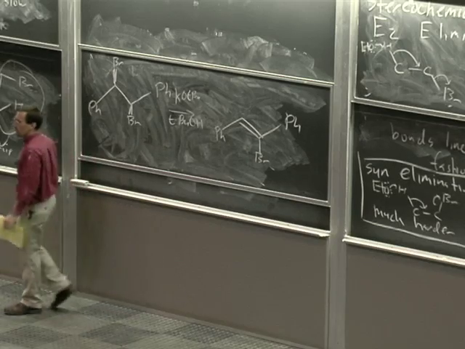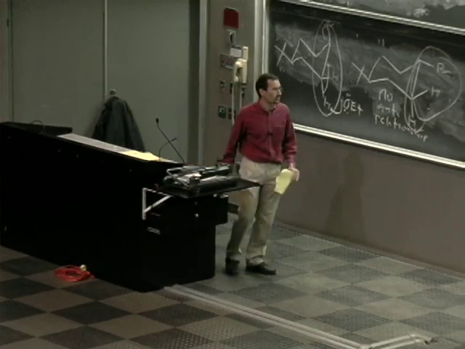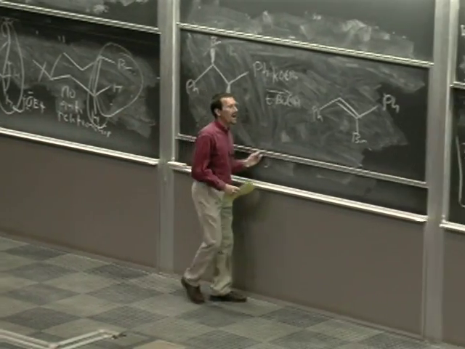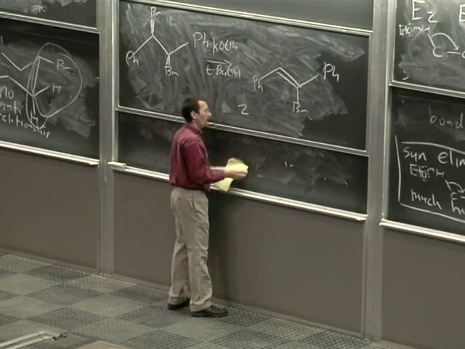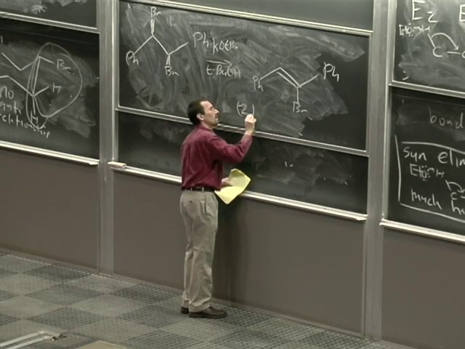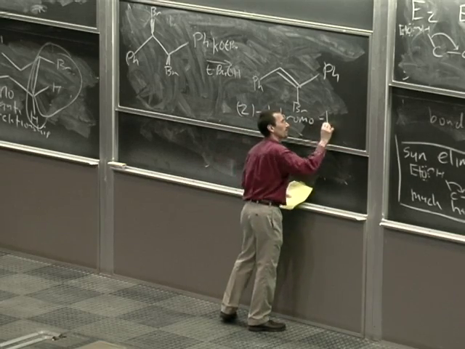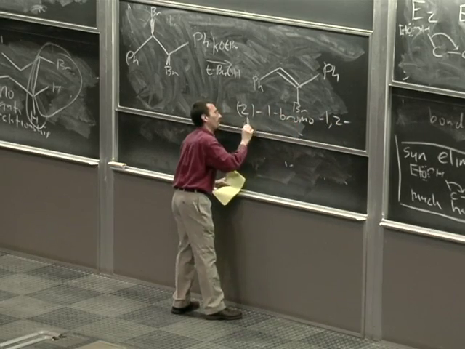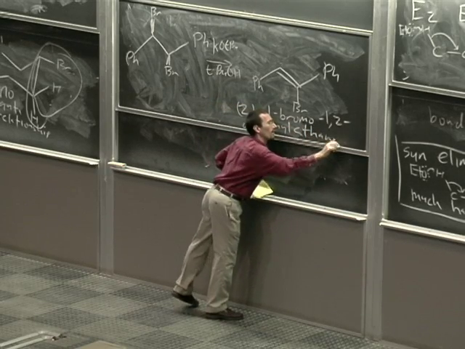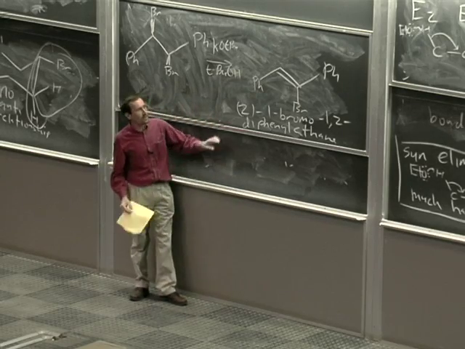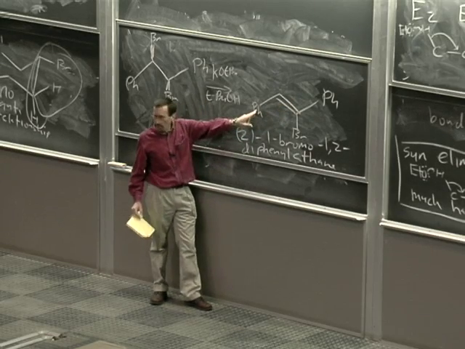And that stereoisomer has the Z geometry. So the stereoisomer we have here is Z-1-bromo-1,2-diphenylethene. It's Z stereochemistry because on this side of the double bond, we have a phenyl group.